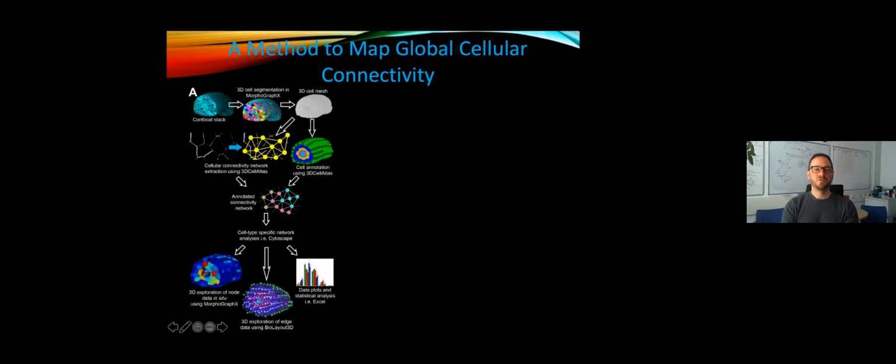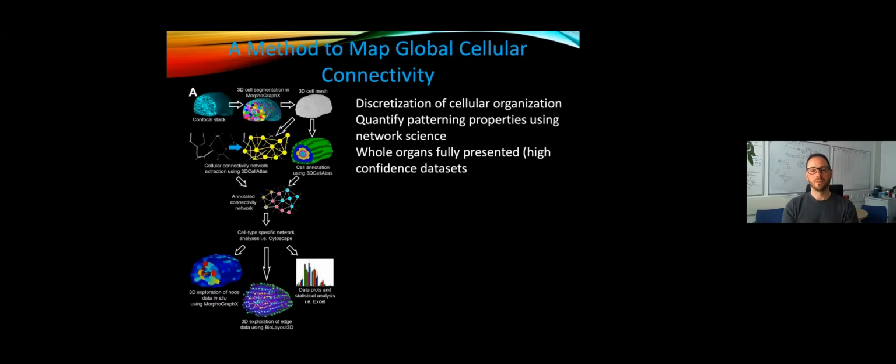And once we abstract the tissue into these networks, we can then use network science to characterize how the cells are connected to one another quantitatively. So we're able to discretize cellular organization, and we can quantify patterns in tissues using network science.